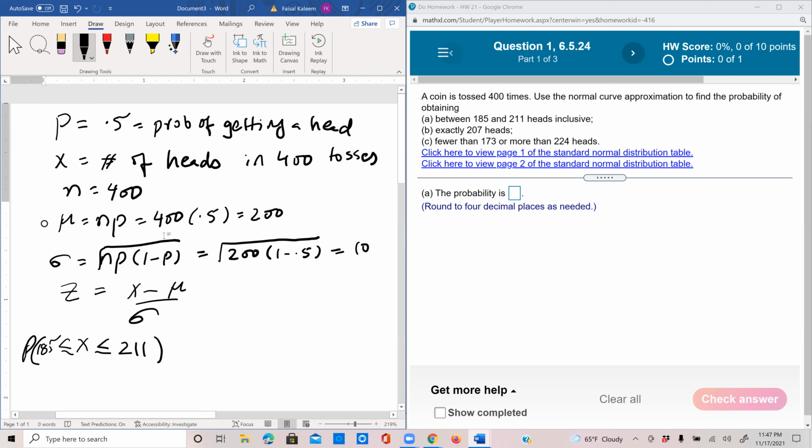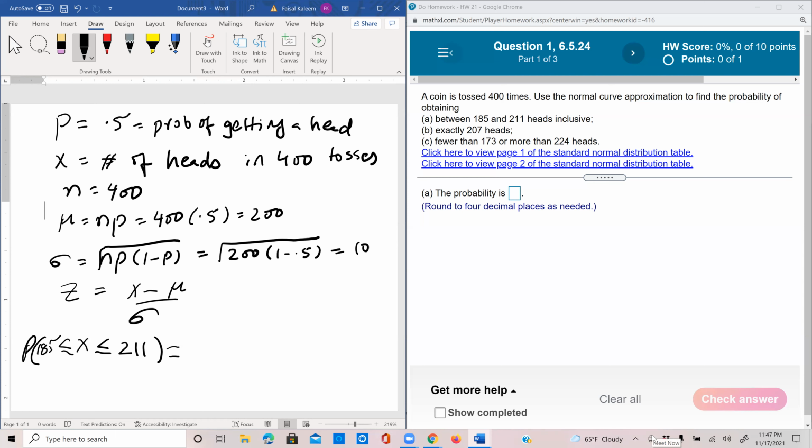Now, binomial is a discrete distribution, so we can have an integer number of heads. However, we are converting it to a normal distribution, which is continuous. So we need to apply continuity correction.